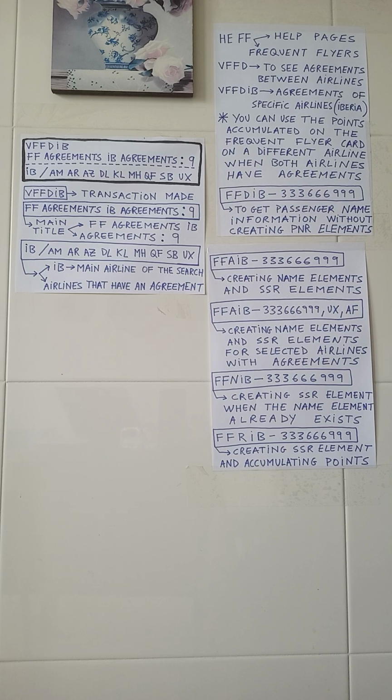The other 2 airlines are the ones that appear at the end of the transaction. The UX code represents the airline Air Europa, and the AF code represents the airline Air France. Both would have agreements with Iberia to use the frequent flyer points of Iberia customers on flights of those 2 airlines.